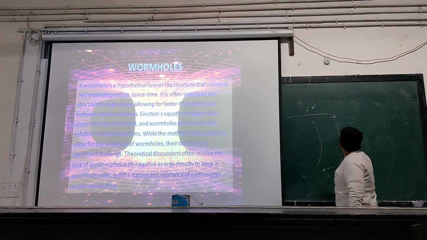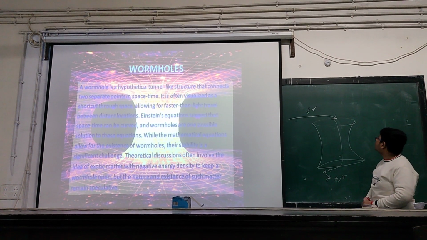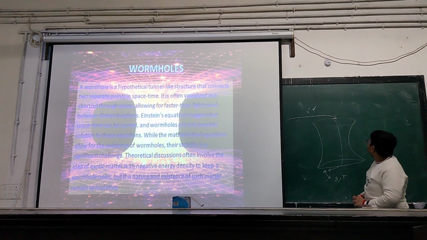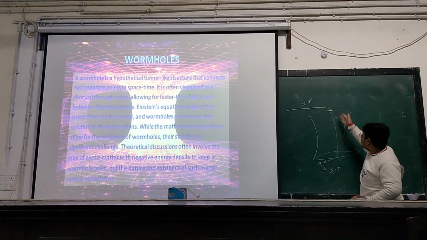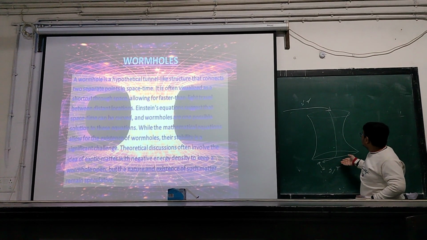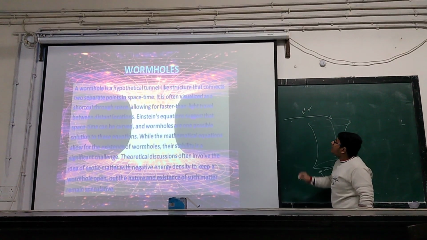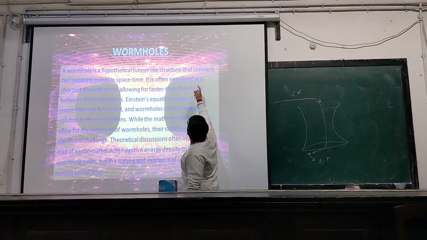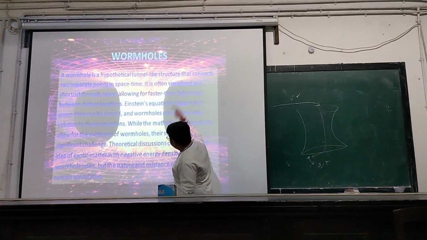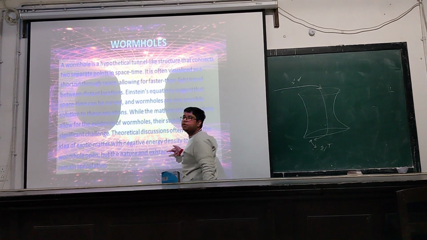Now, the existence of this wormhole has also not been proved. It is said that when the particle goes through this part, it is actually going faster than the speed of light. If the particle was supposed to reach from that plane to this plane, it had to go from here to here, then come here.